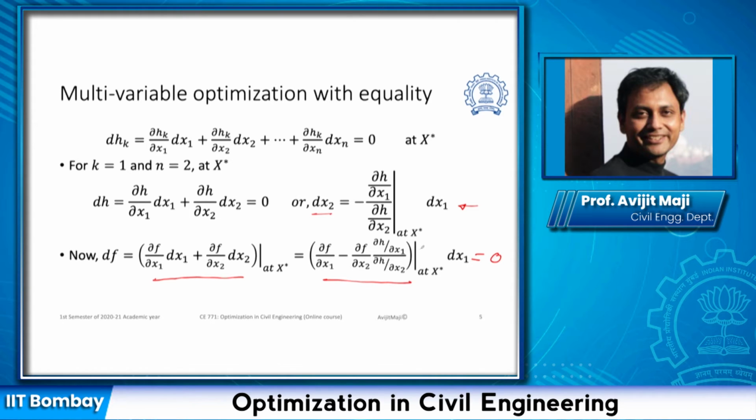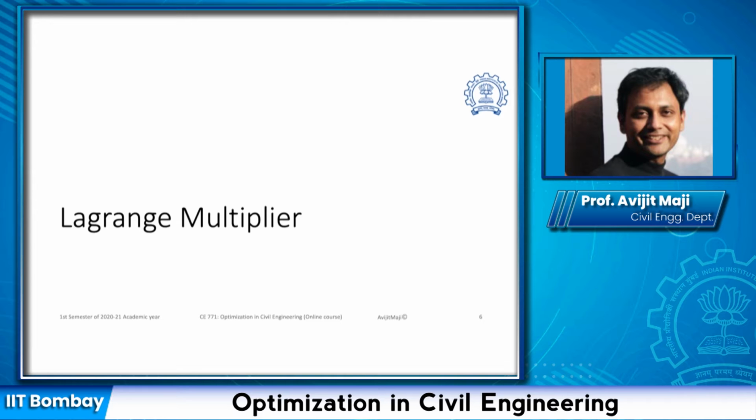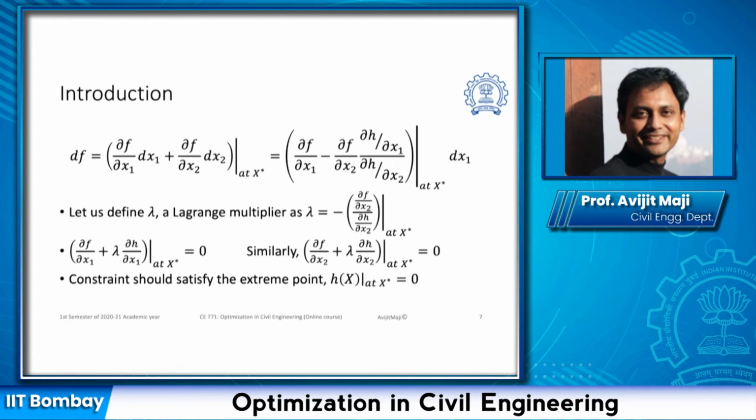Now we'll look into, based on this basic understanding, how we can introduce the concept of the Lagrange multiplier. As I said, we have obtained this equation, which is equal to 0. Then we can define a factor lambda, which is equal to negative of del f by del x2 divided by del h by del x2, coming from del f del x2 and del h del x2.